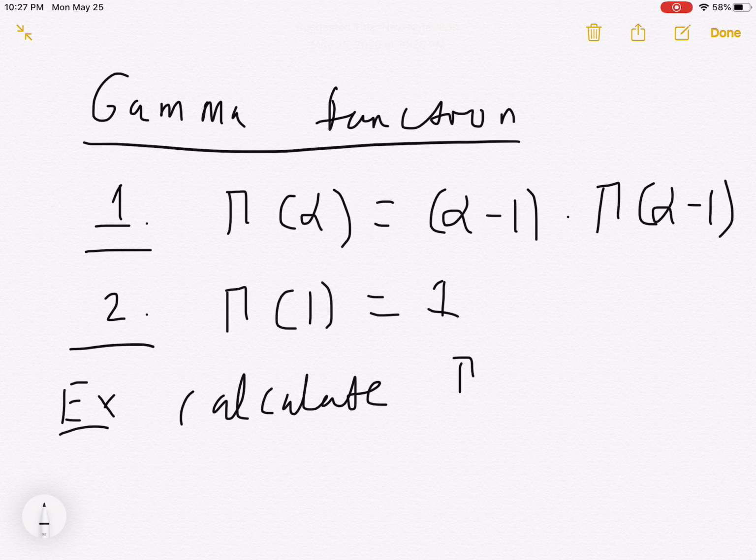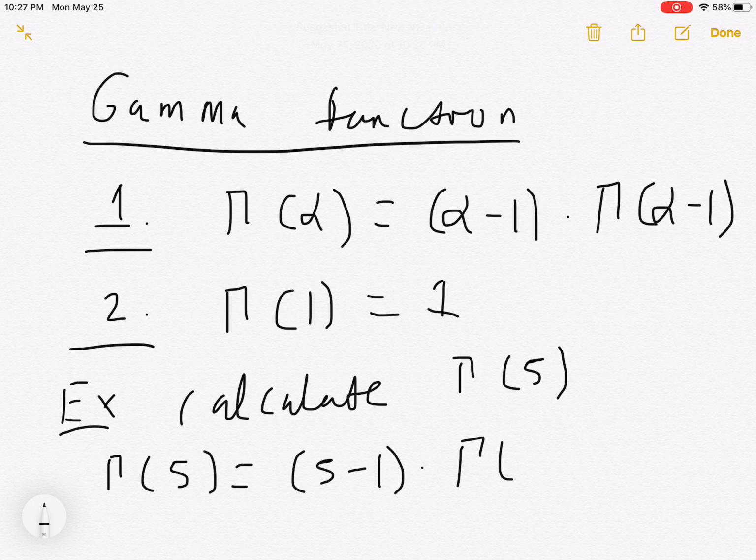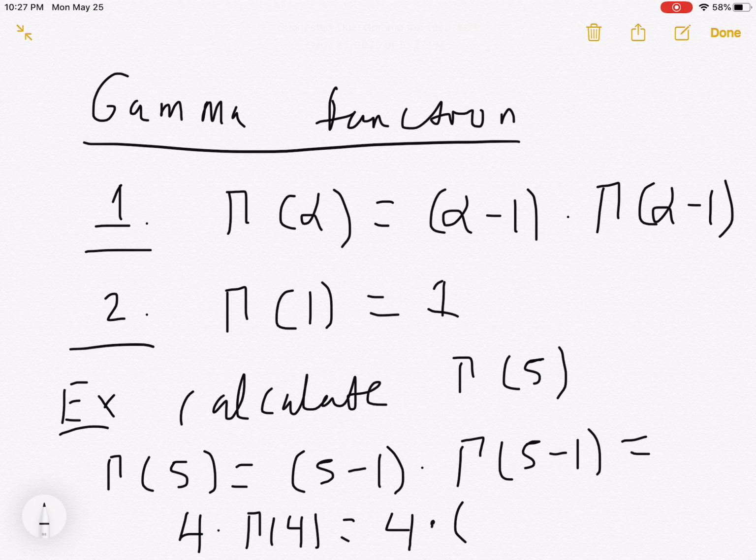Calculate gamma of 5. Gamma of 5, I'm going to use that first property, is going to be 5 minus 1 times gamma of 5 minus 1. I think that's going to be 4 times gamma of 4. So that's going to be 4 times, well, 4 minus 1 times gamma of 4 minus 1.